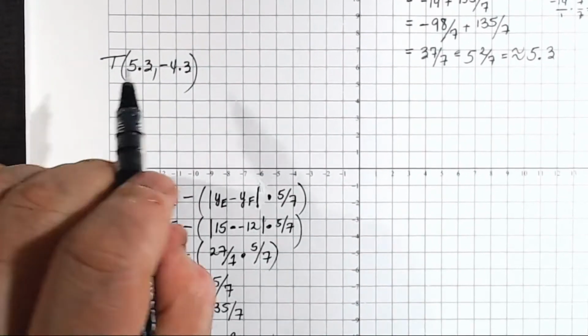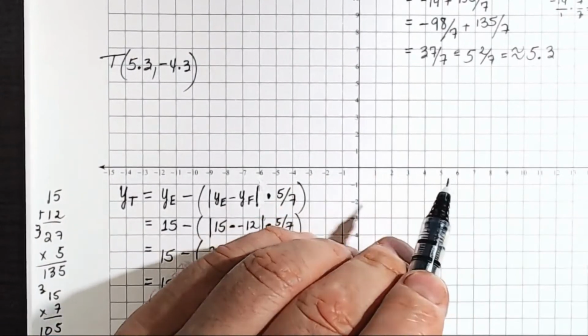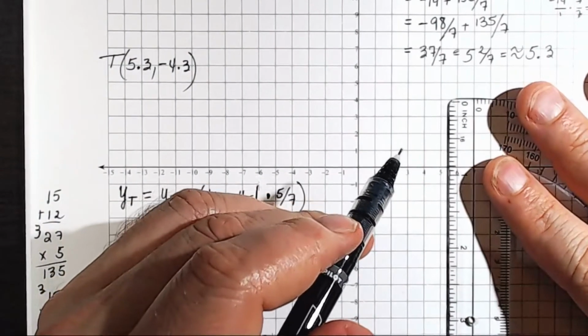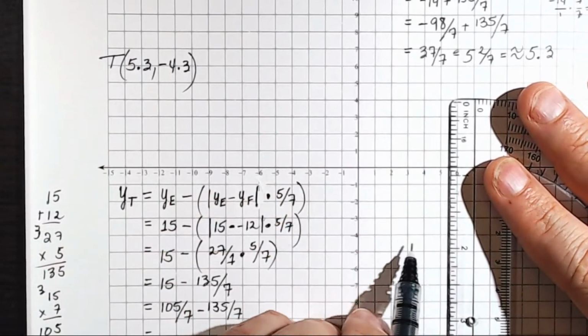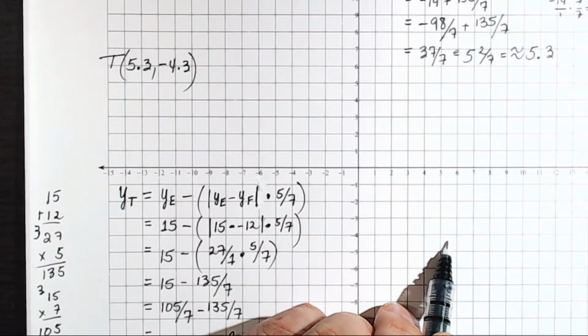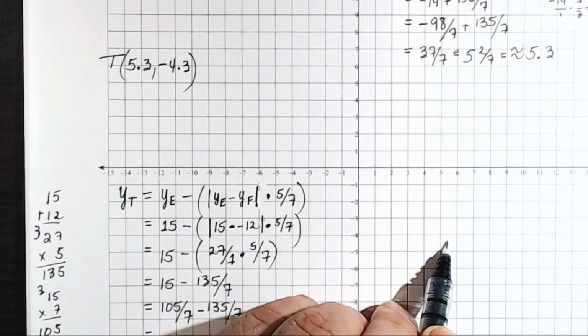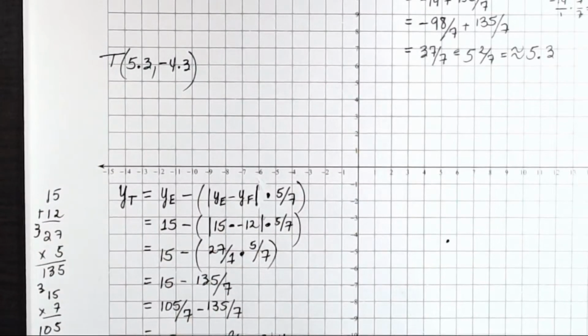Let's go find those. 5.3 on the X, that's over here, about right there. And then negative 4.3 on the Y, about right there. So I think my point should be right there where my pen tip is. That's about where it should be. Okay, well, let's see if it is.